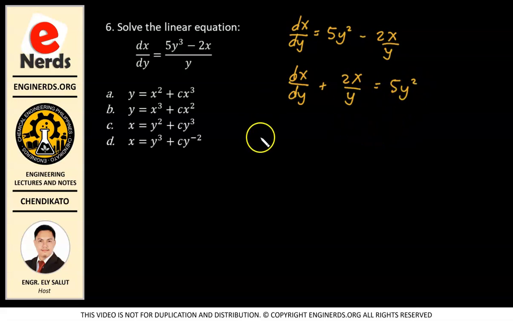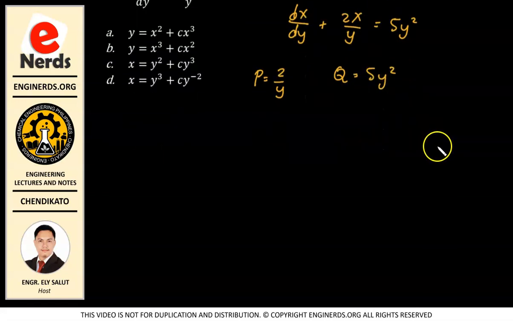Okay, so in this case, what will be our p? Okay, so we are differentiating this, okay, the x with respect to y. So that means our x will retain here and our p will be positive 2 over y, and our q will be on the right side of our equation, which is a function of y. So this is 5y squared. Okay, so let's solve for the integrating factor.